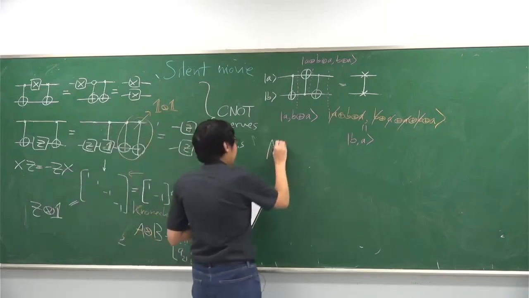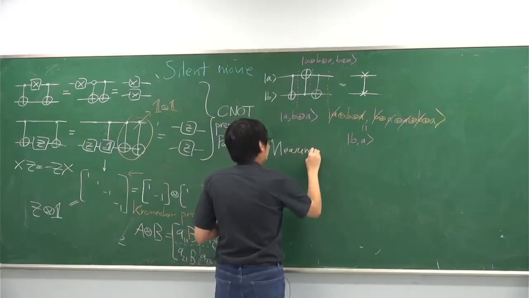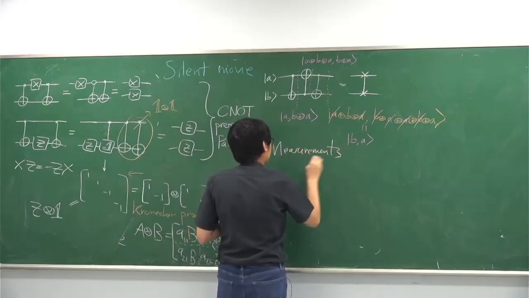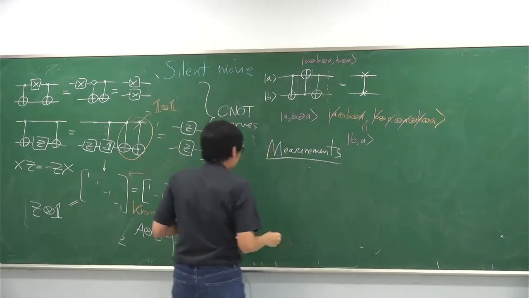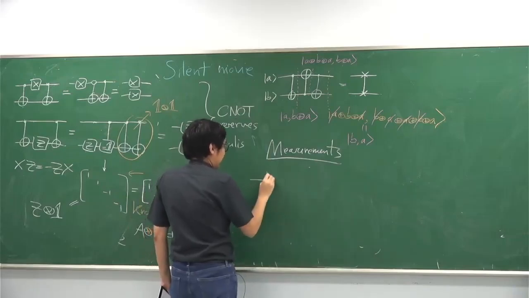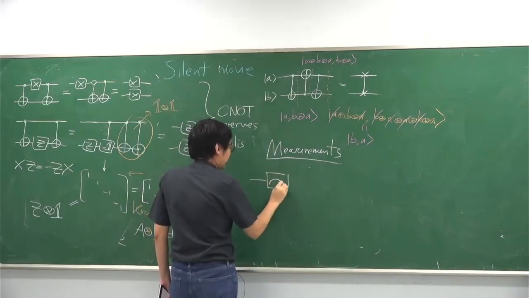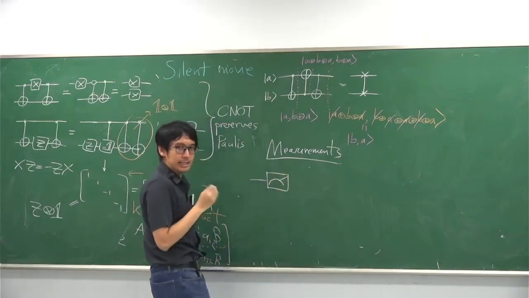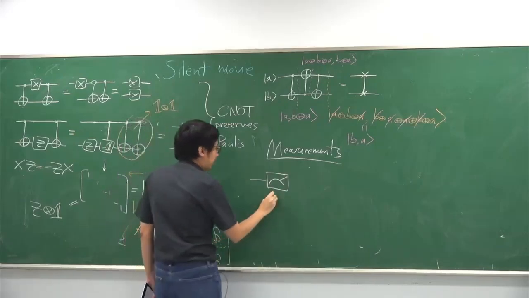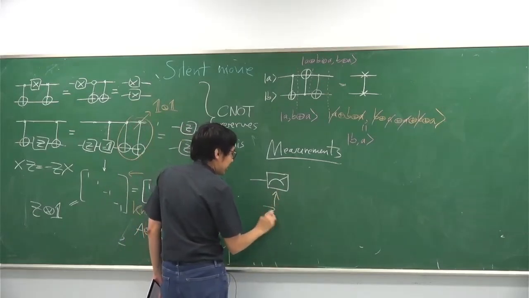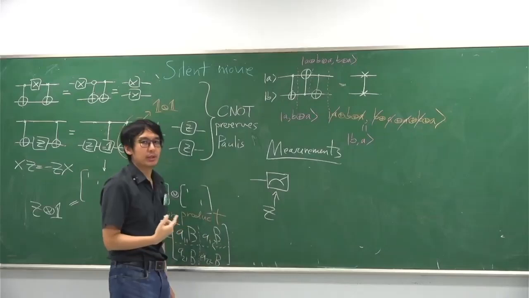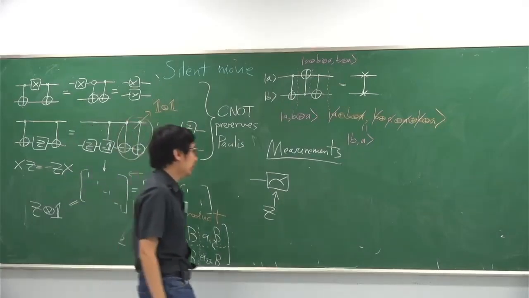For measurement, usually the notation like this at the end of the circuit is reserved for the Z measurement, so measured in the computational basis.